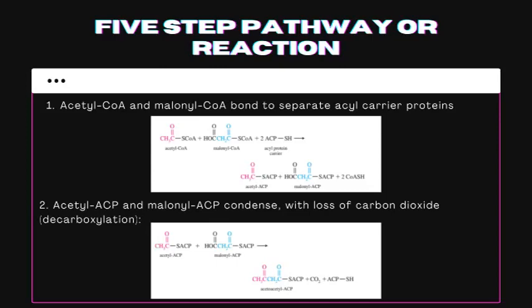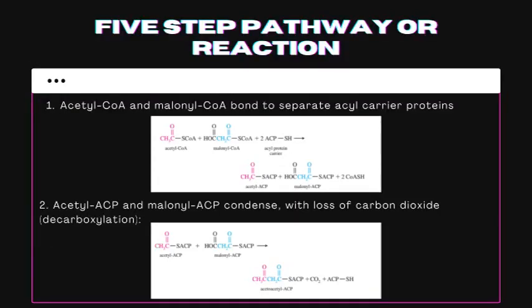Malonyl ACP undergoes a condensation reaction with acetyl-CoA to yield acyl ACP with the concomitant release of CO2, marked as reaction 1. The second step is acetyl ACP and malonyl ACP condense with loss of carbon dioxide, or decarboxylation.